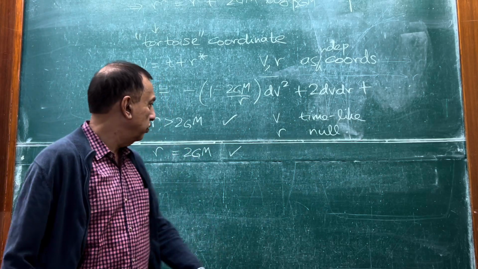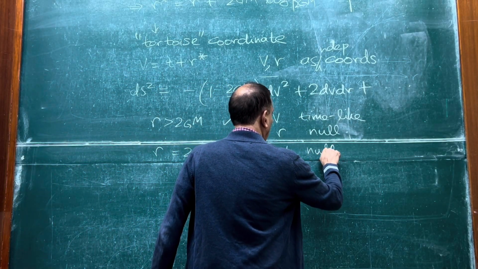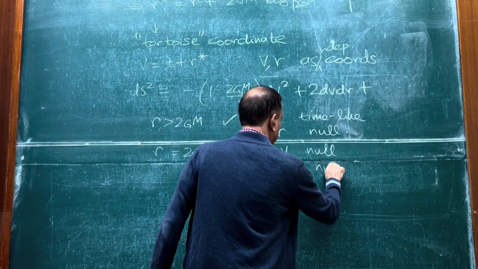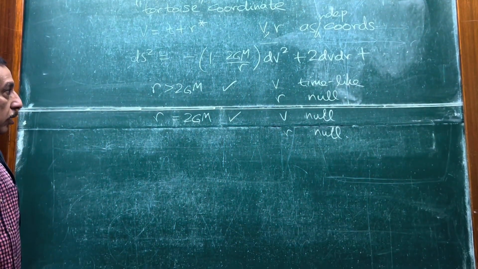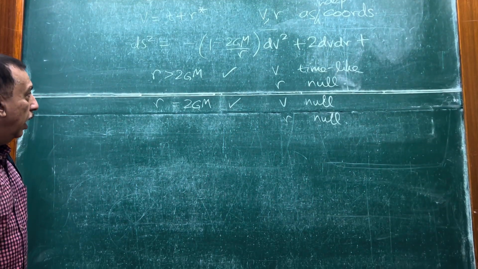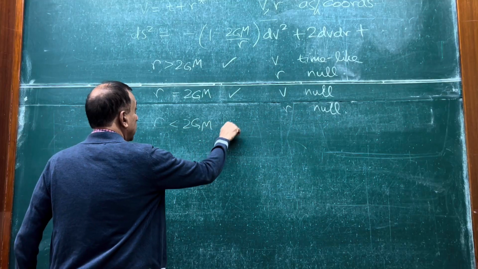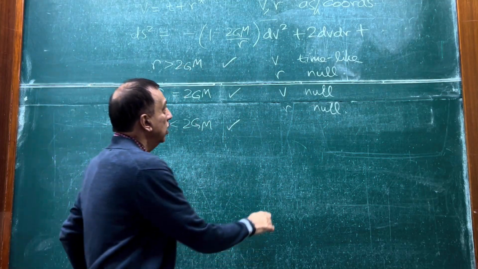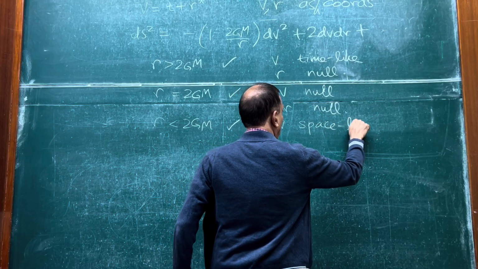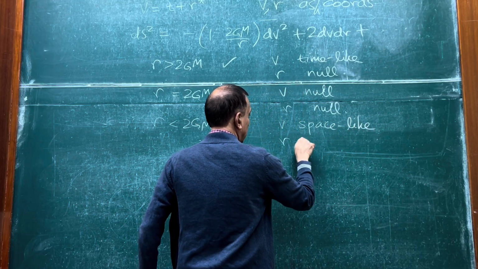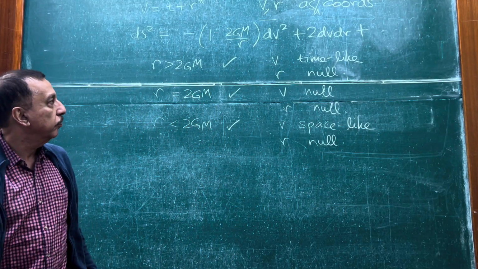It's a perfectly good metric, but now v is null and r is null. And finally, when r is less than 2GM, again the metric is well defined, but v is space-like, and r just remains null. r is always null, not affected.